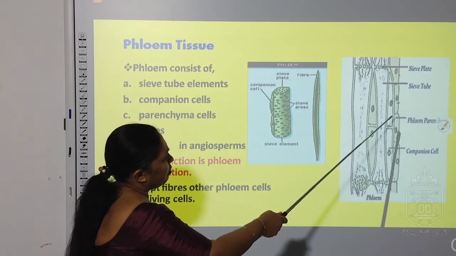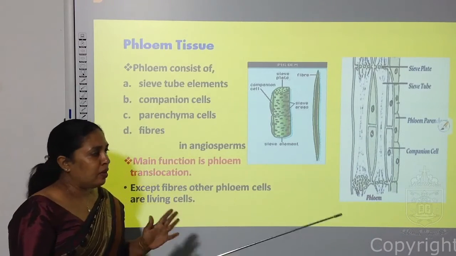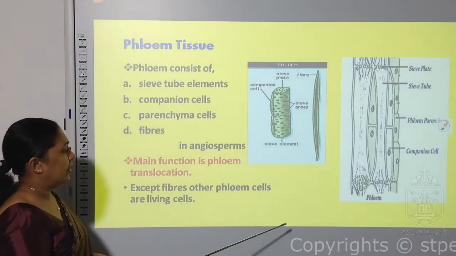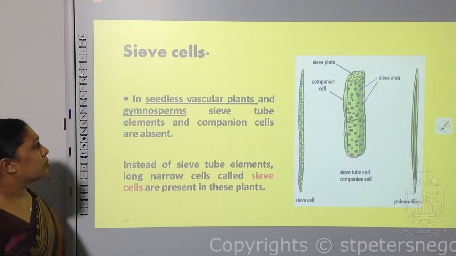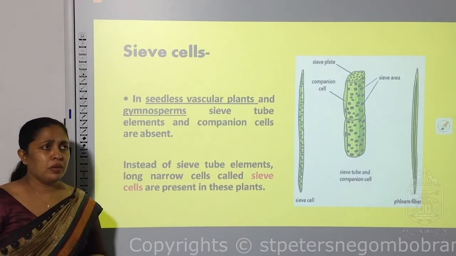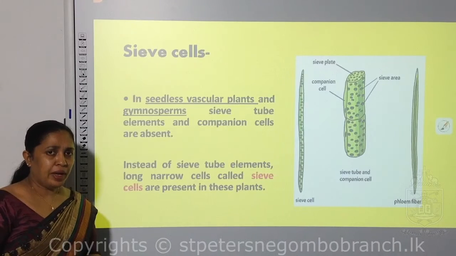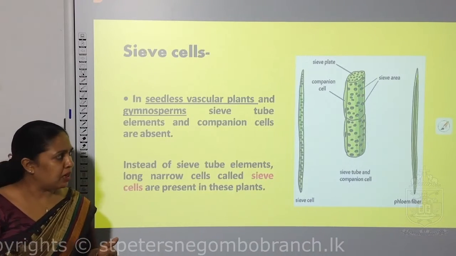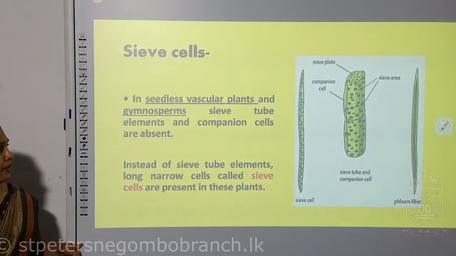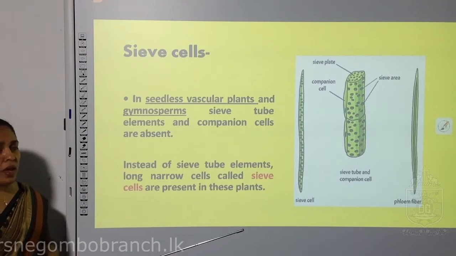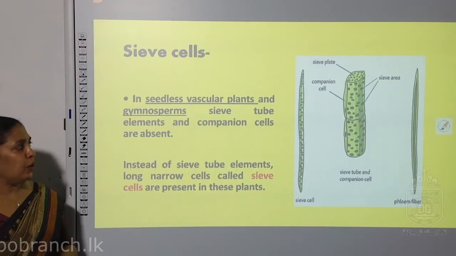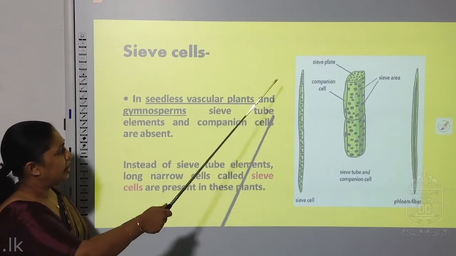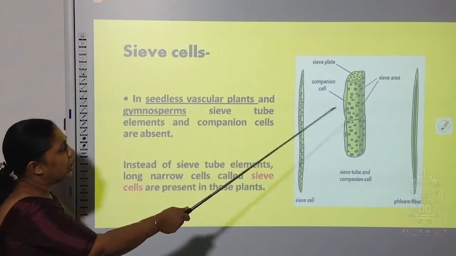Here parenchyma exists in the tissue as in the xylem. There is another type of cell, not a sieve tube element: sieve cells. These are present in seedless vascular plants. This is a sieve cell. It is not a sieve tube element.